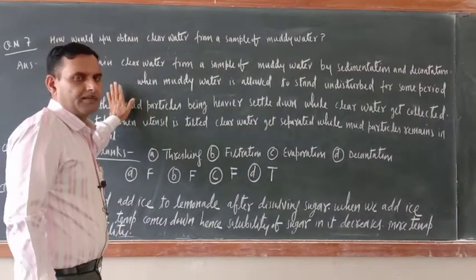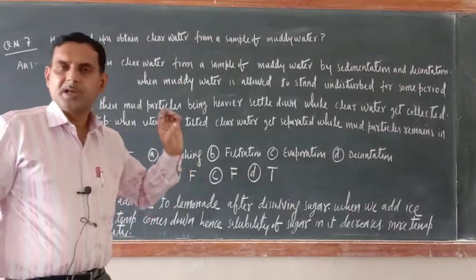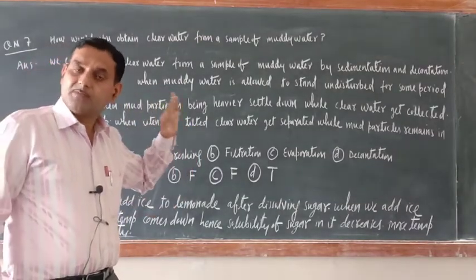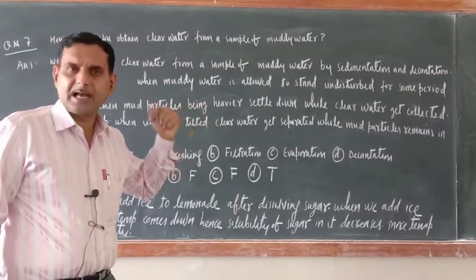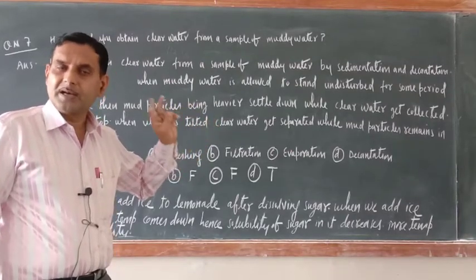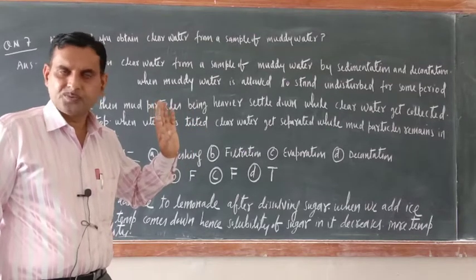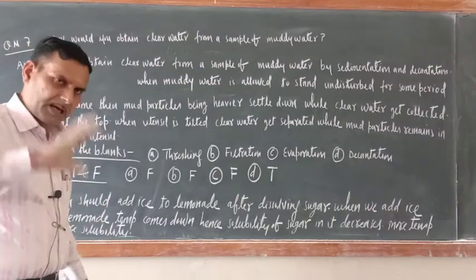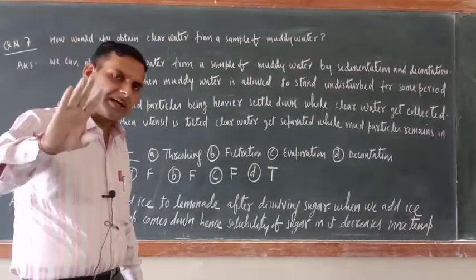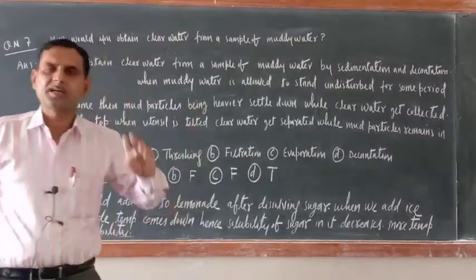The same method can be applied here, but one thing I would like to clarify here only. For a particular mixture, more than one method can be applied. Always remember, but it depends upon the nature of the components of the mixture and the amount of mixture you have taken.